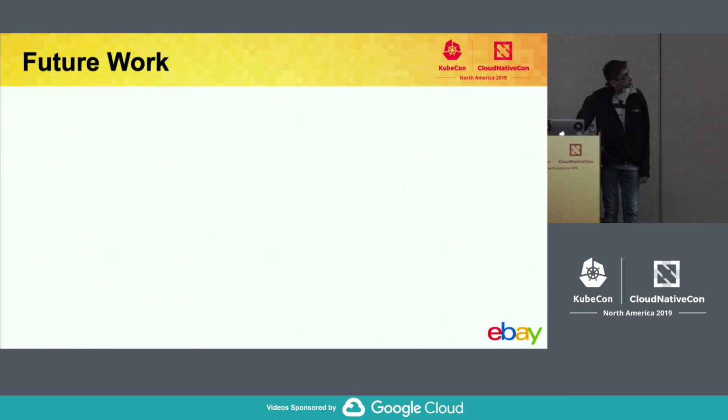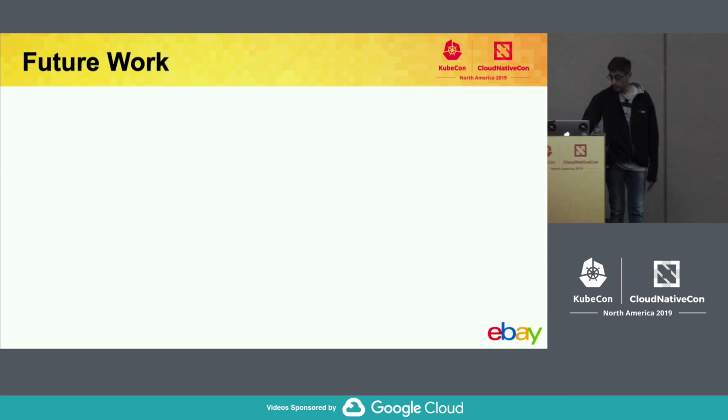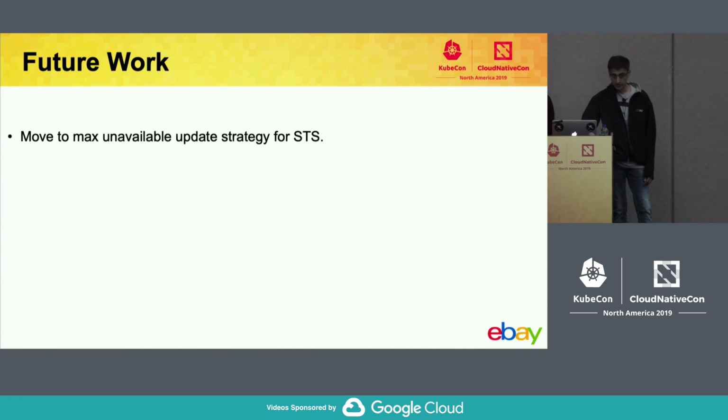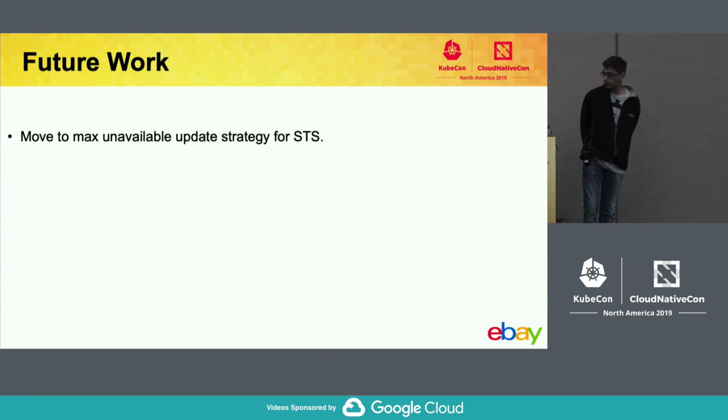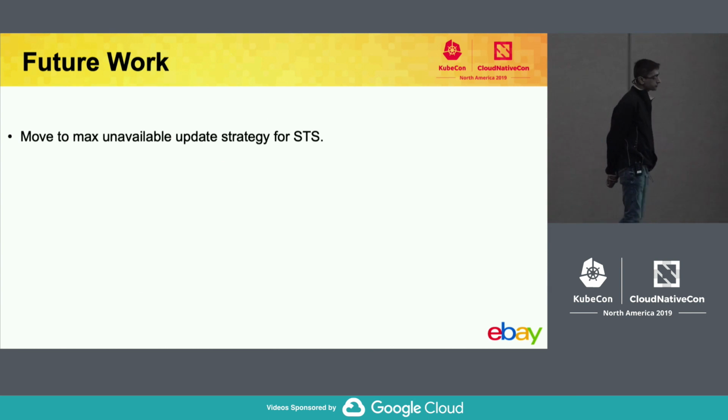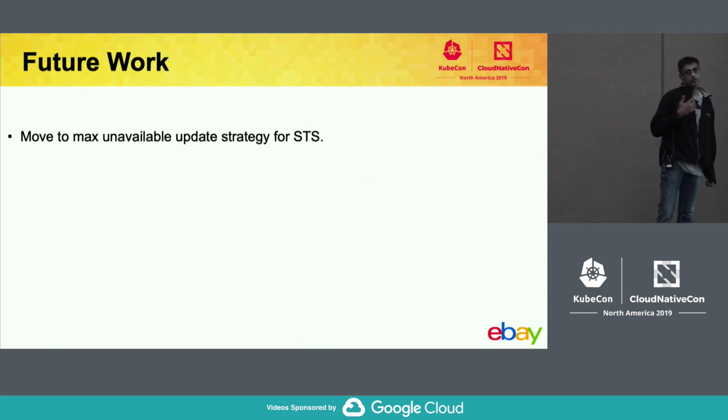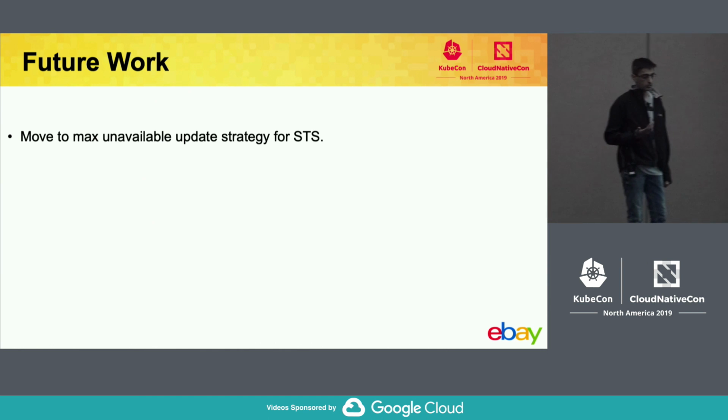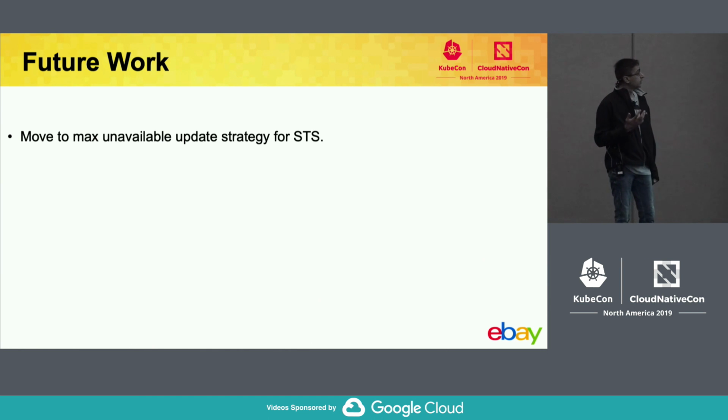Future work. This brings me to what we're excited to work on next. Now that we've proved that search can run on top of Kubernetes and we've modeled our workload, you saw earlier in the slides, we have this data orchestrator layer that we use to download the new snapshot of the inventory to our search grid. We also have to restart all of these nodes when the new snapshot is available.